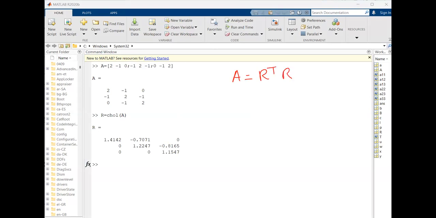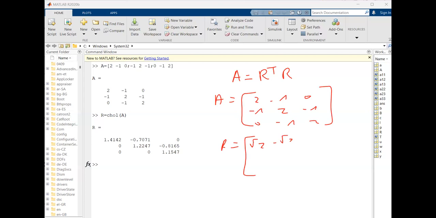And then MATLAB says that if you have an A which is 2, minus 1, 0, minus 1, 2, minus 1, 0, minus 1, 2, we have been able to split this into an R. We said that R is upper triangular, which is square root of 2, minus square root of 2 over 2, 0, then 0, 0, and then this is square root of something, and another number here.